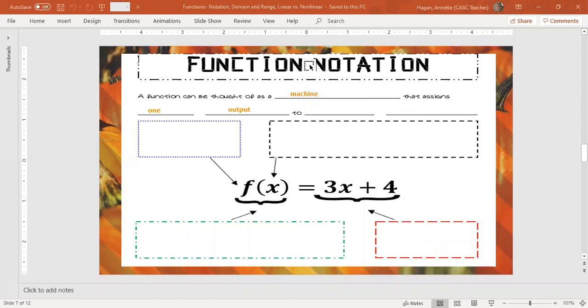One output to every input. So the key with functions, as we know, is that we do not repeat input. We do not repeat our X values, okay?